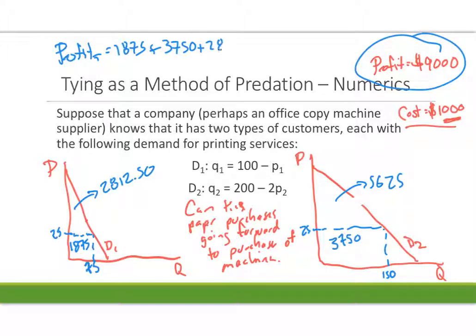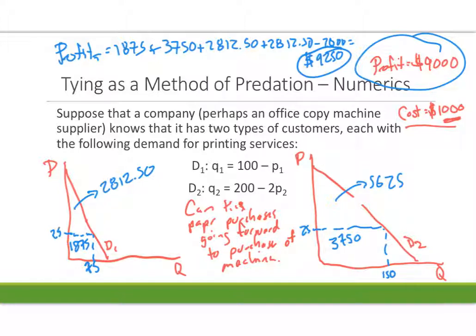We're going to charge both of them $2,812.50, and there's two of them, minus the cost of producing the two printers, $2,000. And when you do that, you're going to get profit of 9,250, which is greater than we found before.